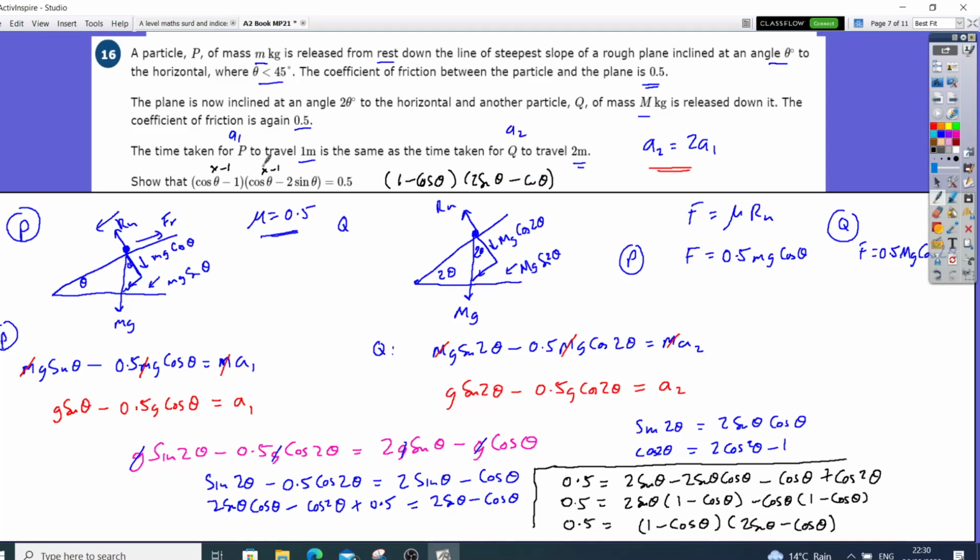Minus minus makes a plus, so it makes no effect, and that is exactly what we got here. So that is true. Sorry, I ran out of space, so I had to squeeze that in here. Hope that makes sense. Okay, thank you.